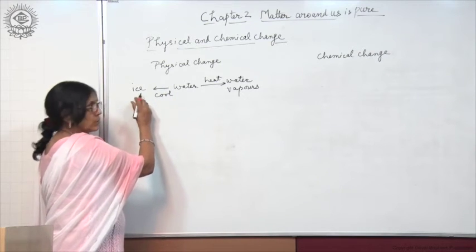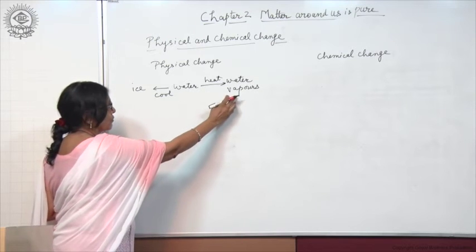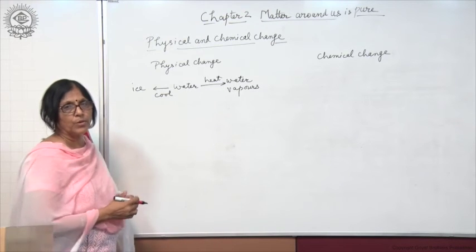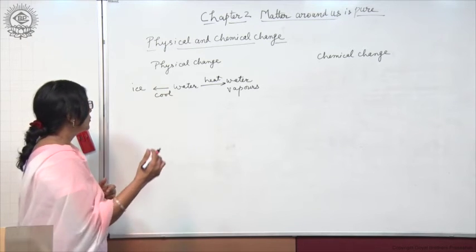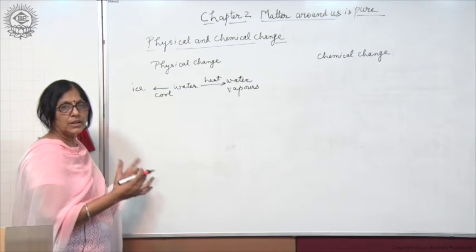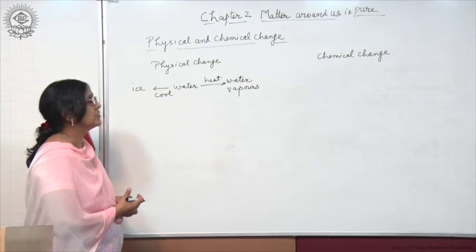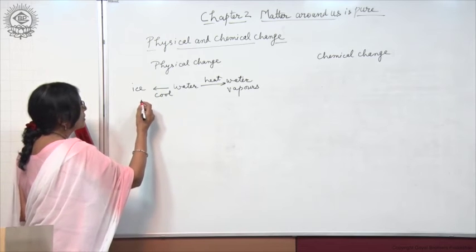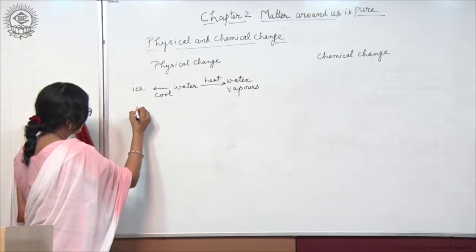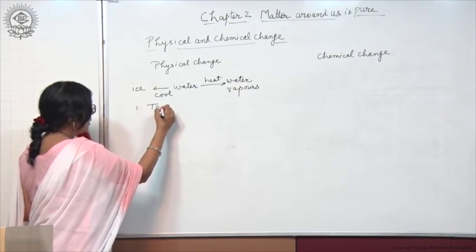Ice is also solid form of water. Water vapors are also gaseous form of water. Only the physical state has changed. Interconversion of state is a physical change. So, let us see what is a physical change. It is a temporary change.